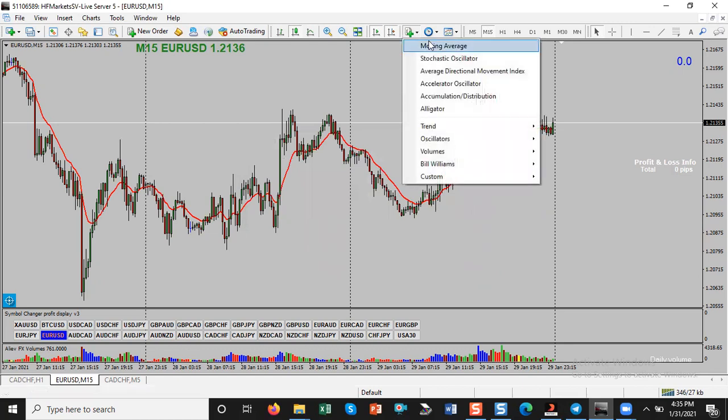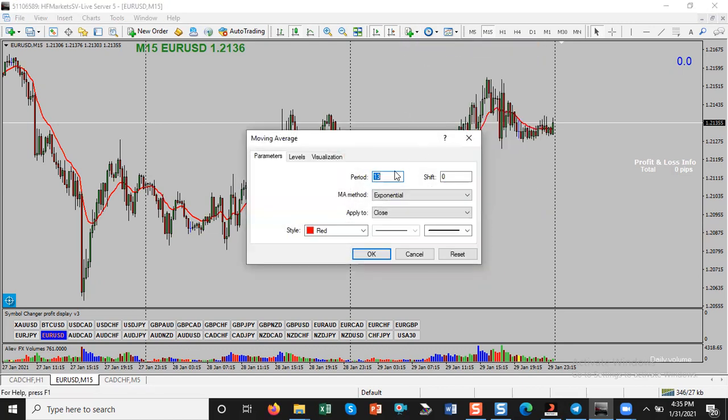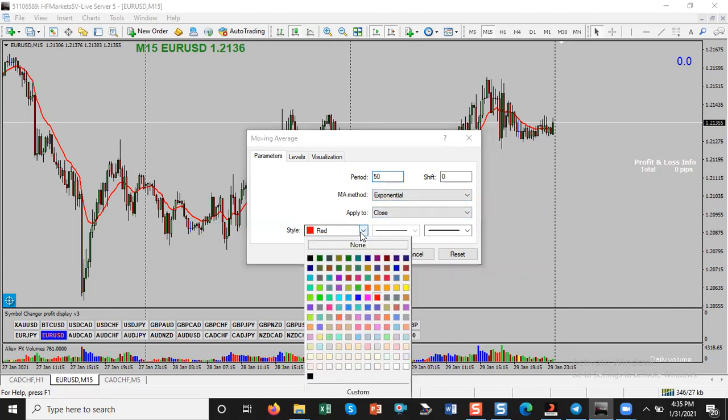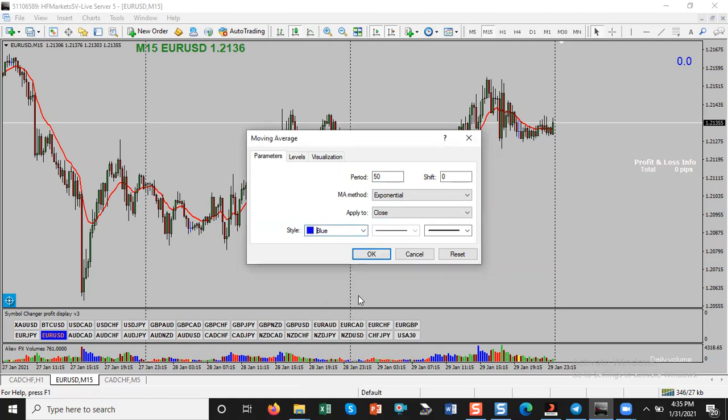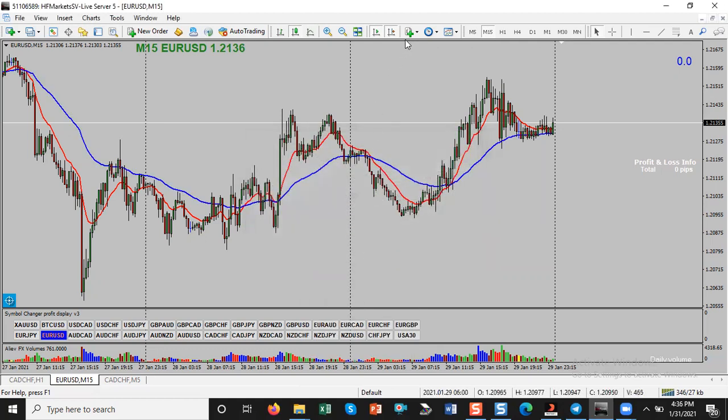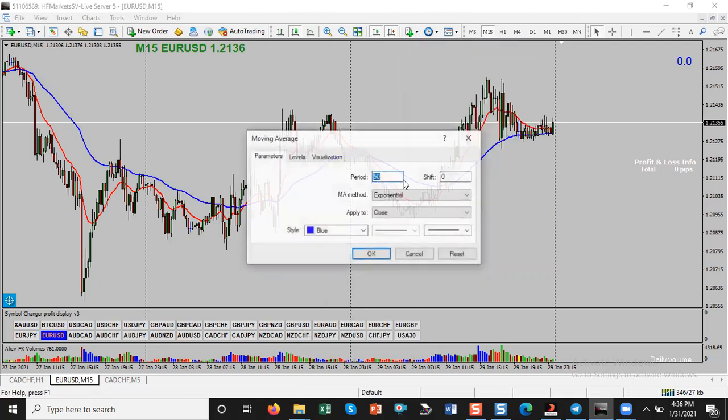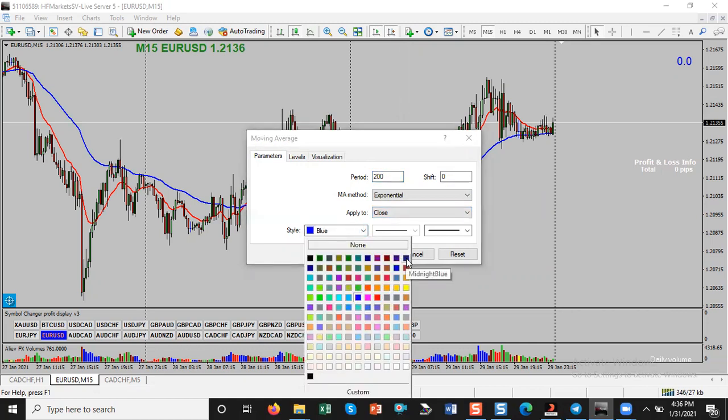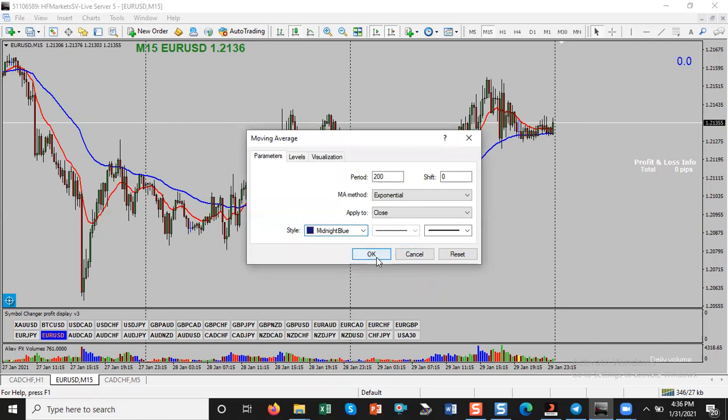The next one we're going to add will be the 50 exponential moving average, apply to close, color blue. Then the last moving average will be the 200 exponential moving average, apply to close, and we're going to use this midnight blue color.